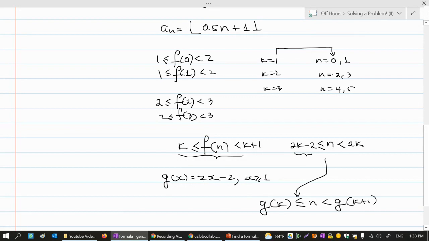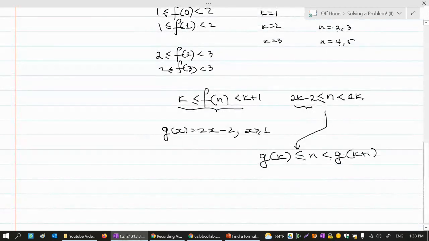Notice that when you evaluate this function at k plus 1, you get 2k. Now, notice that the function g is strictly increasing, and it is one-to-one, so it has an inverse function.